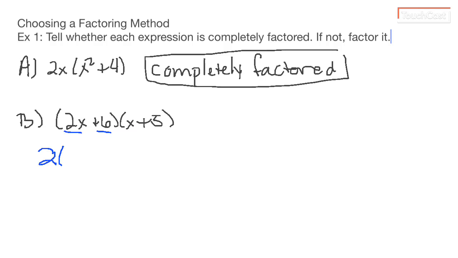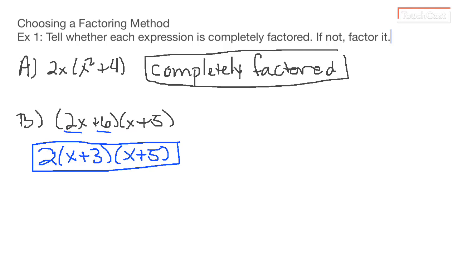What would be left? If we took 2x divided by 2, we'd have an x. If we took 6 divided by 2, we'd have plus 3. And then in that second expression, there's nothing we can take out, so it's just going to be x plus 5. So 2 times x plus 3 times x plus 5, that's it. Example 1b, done. Example 1, done.